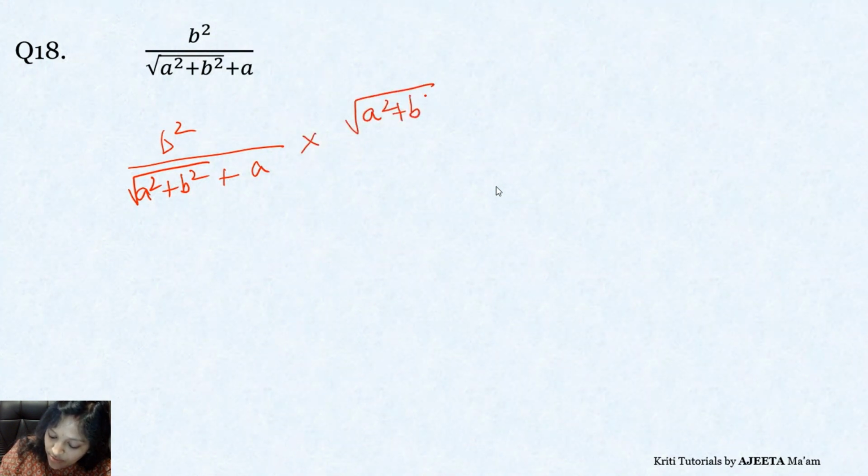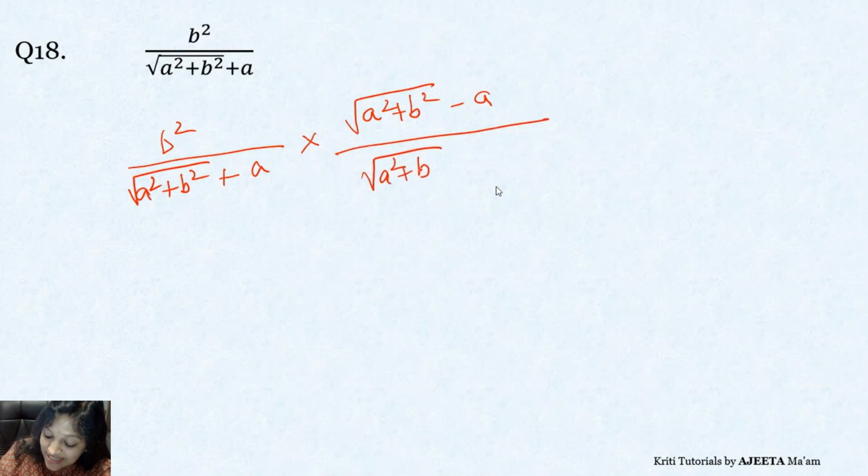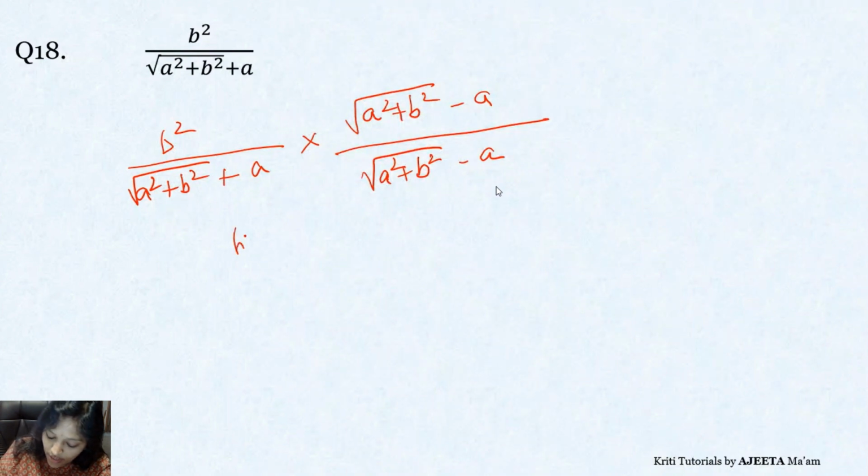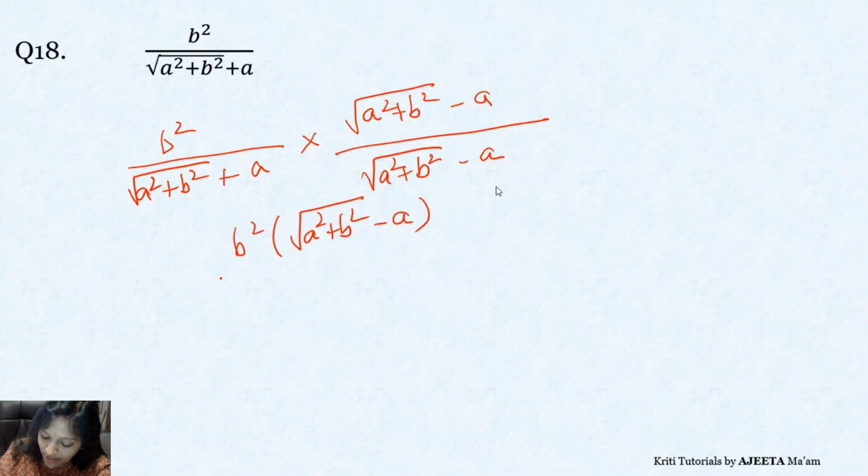Root a square plus b square minus a. Just do not change the sign of the plus inside the root. That is one term only, students. Do not change the sign. We will change the sign in between the terms. Okay. So now a square plus b square minus a. Do not multiply.